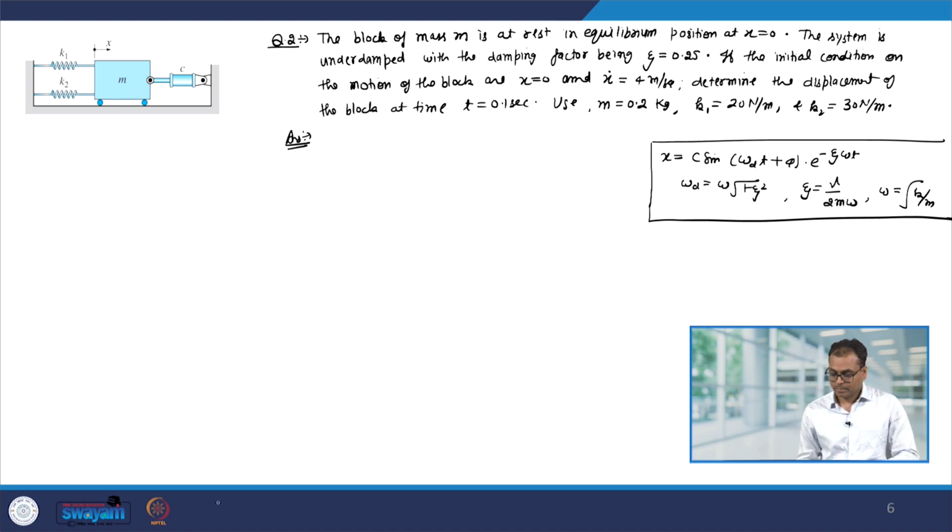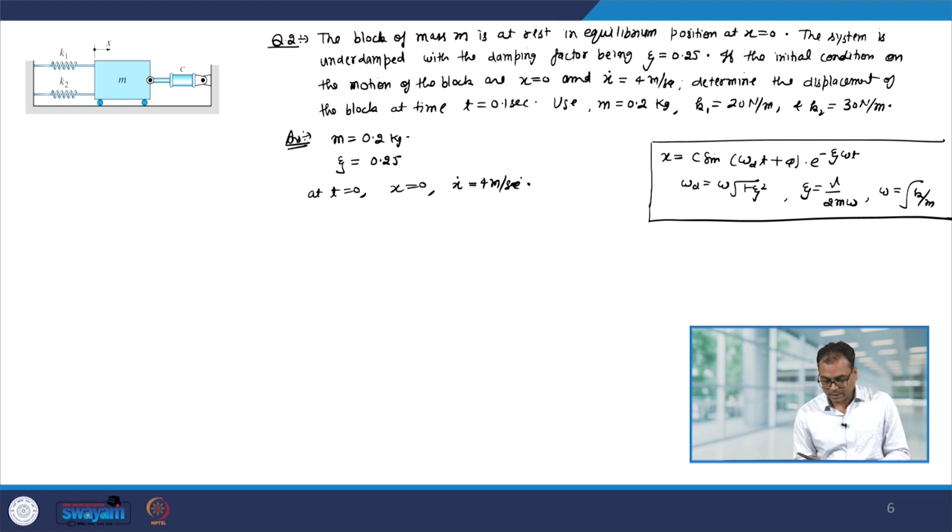Here m is equal to 0.2 kg, zeta is 0.25 and the initial conditions are at time t equal to 0, x is 0 and x dot is 4 meter per second. And again we have been asked, at t equal to 0.1 second, what is x.